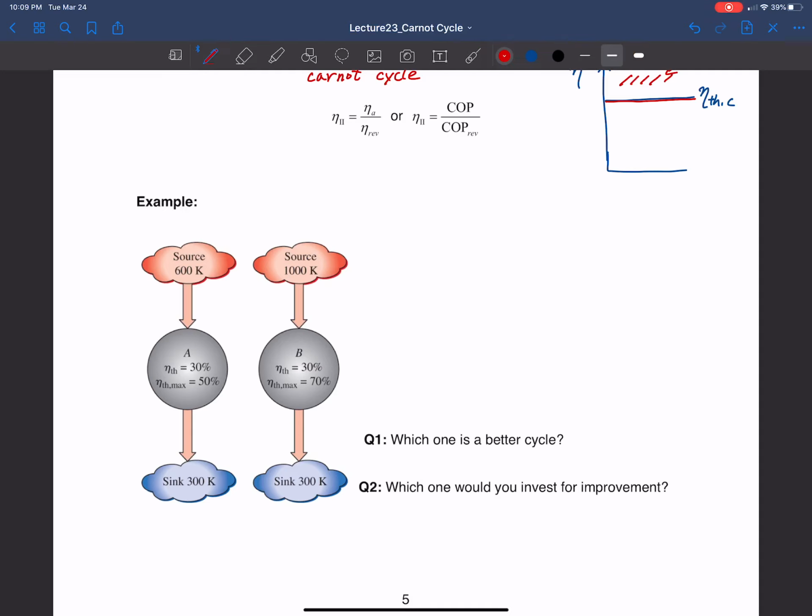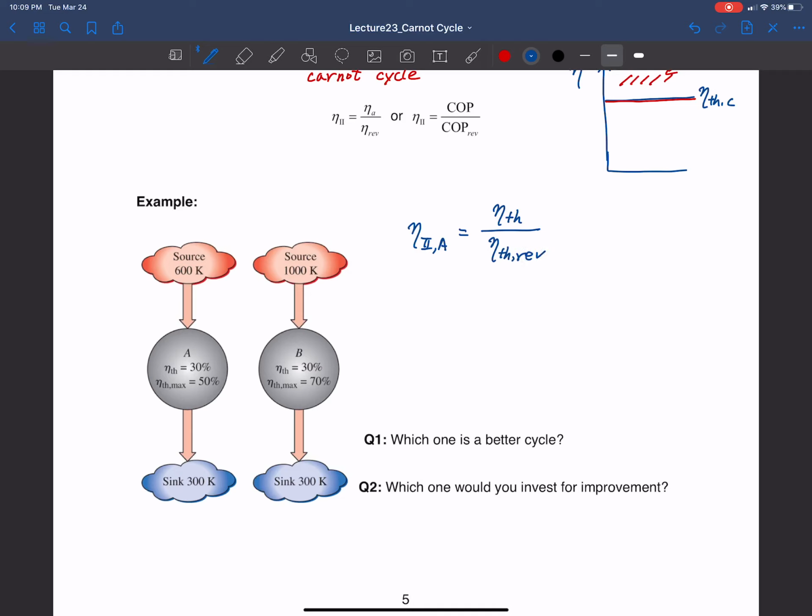Now, let's try to calculate the Carnot efficiency and the second law efficiency for engine A. So this is the thermal efficiency divided by the Carnot efficiency.